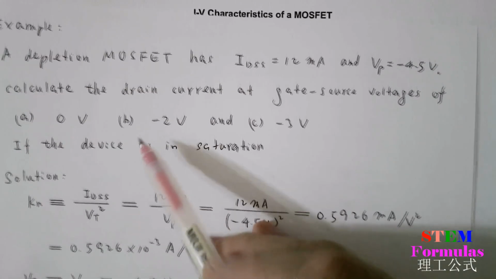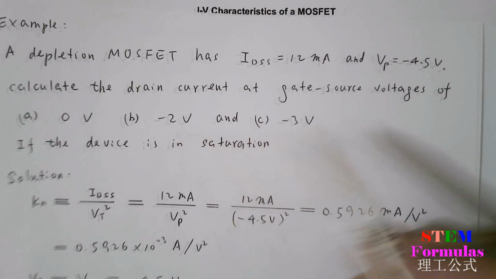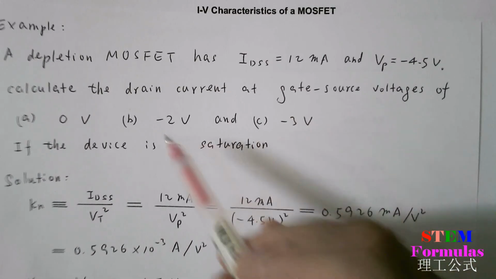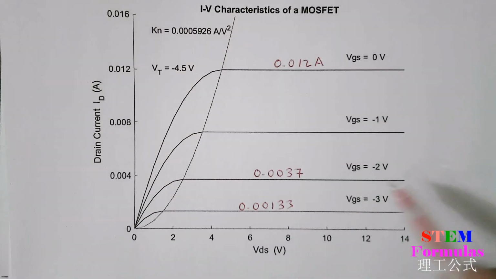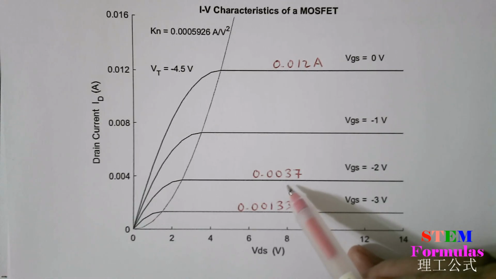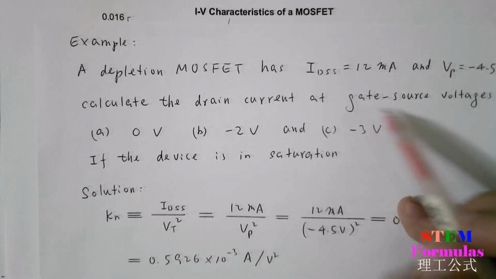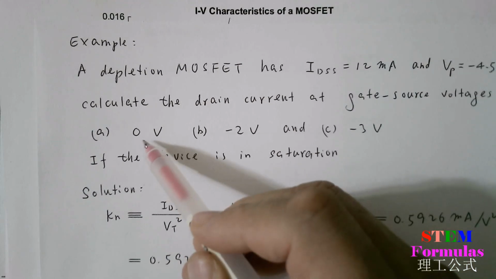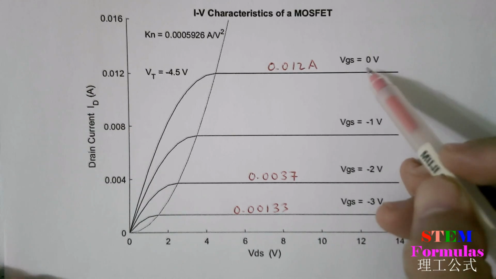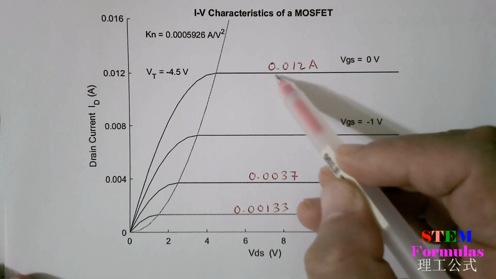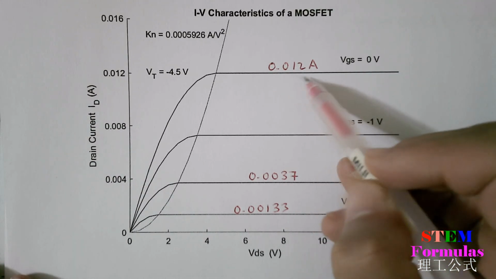For this problem, when VGS equals minus 2, I got this answer. And when VGS equals 0, I get this answer, 0.012 amp.